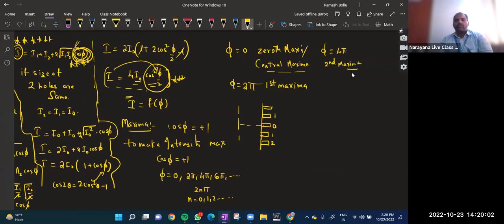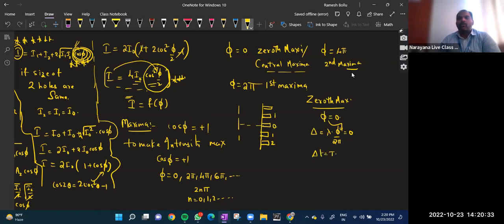If you see the conditions for the 0th maxima, what are they? What must the phase difference be? 0. Phase difference 0, and the path difference formula is lambda by 2 pi into phi. Substitute here, so path difference is also 0. But time difference?